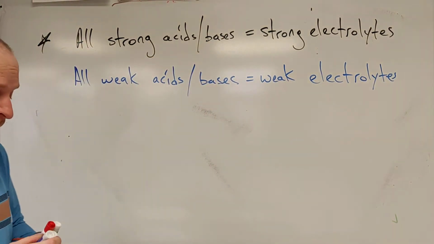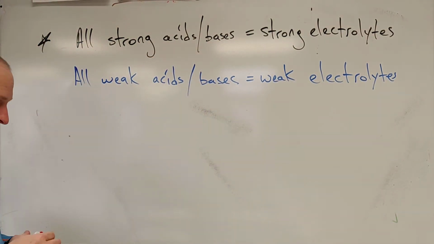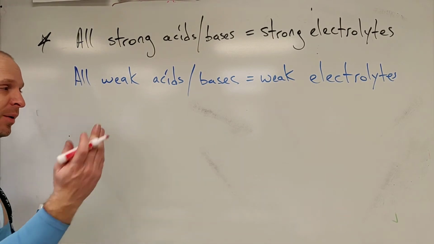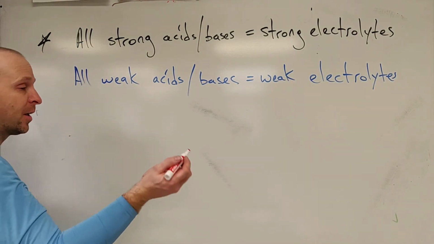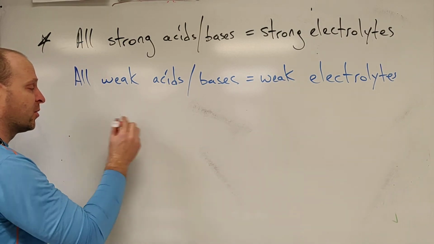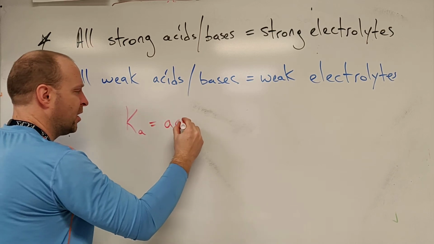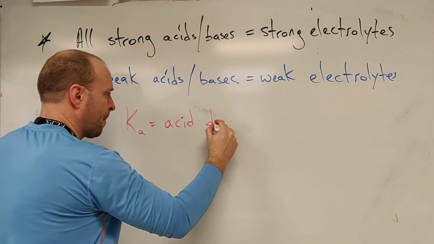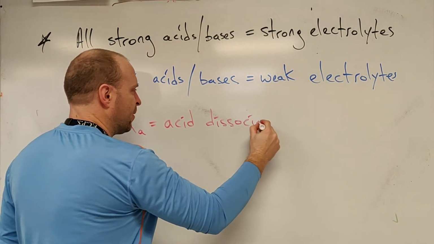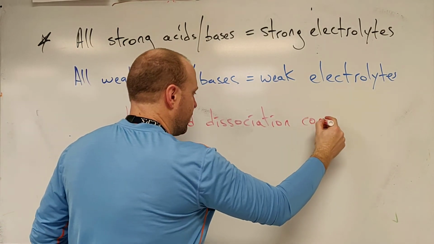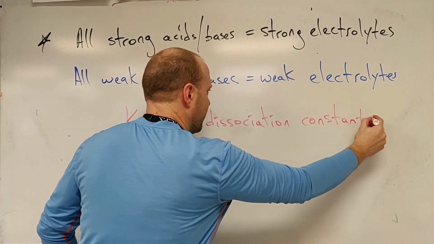And for acids and bases, we don't just have generic Ks, we have Kas and Kbs. And you saw that when I was writing the Ka expression and the Kb expression earlier for those dissociation equations. Ka is our acid dissociation constant, all right?